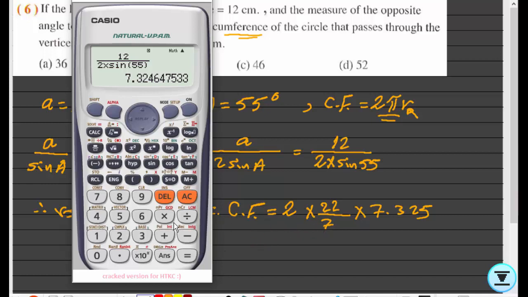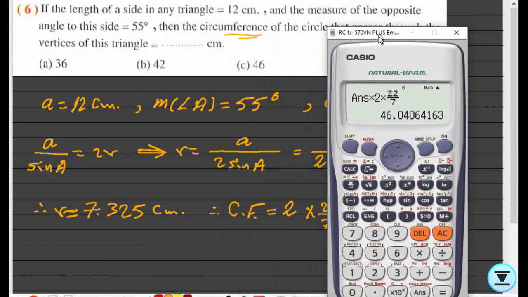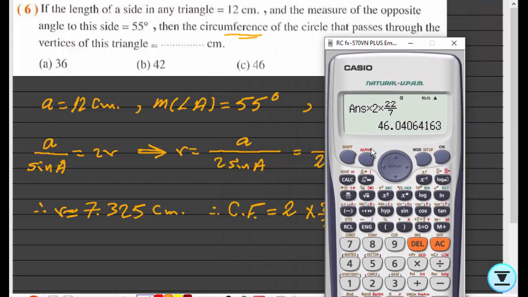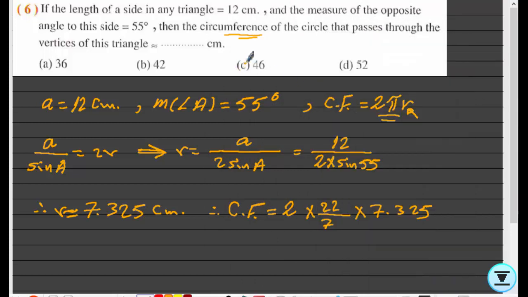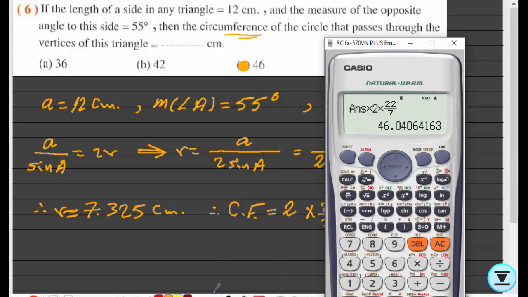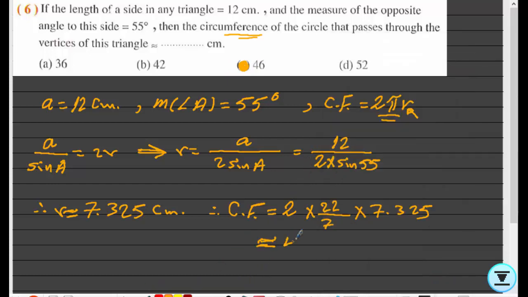So the result equals 46.4. To the nearest centimeters, it will be 46, and we will choose letter C. Okay, I write the number here, equals approximately 46 centimeters.